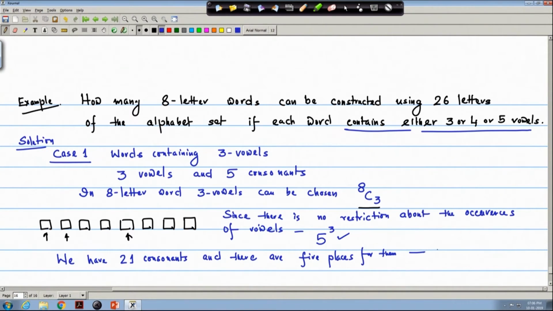I have 21 to the power 5 ways to put the consonants.